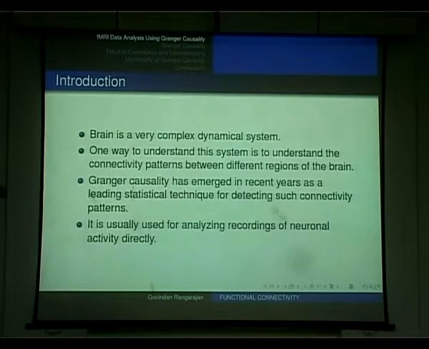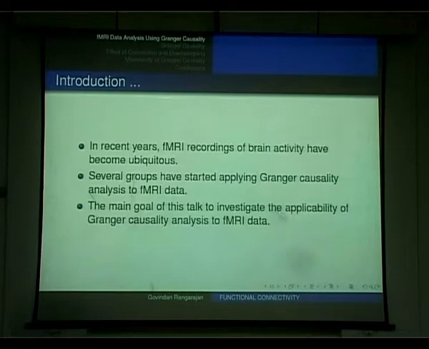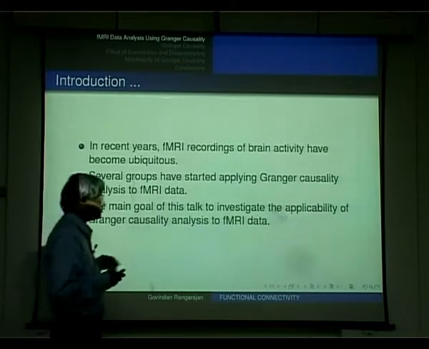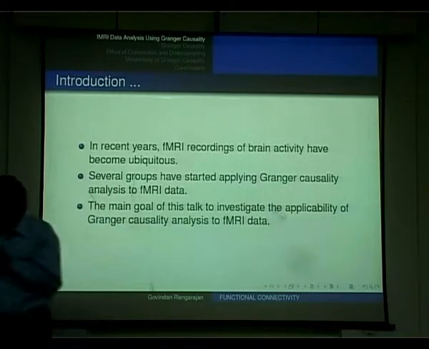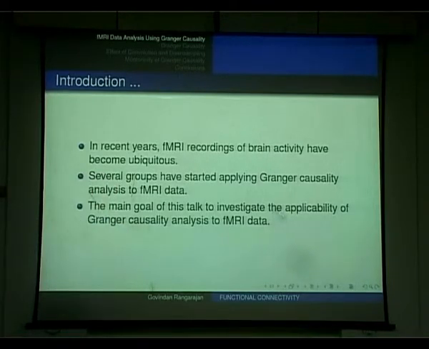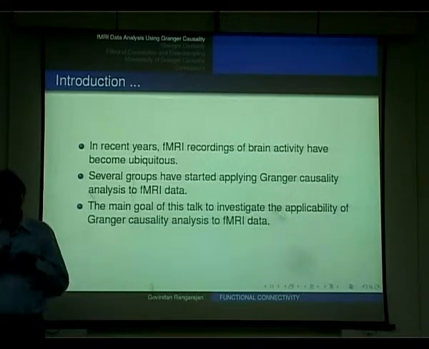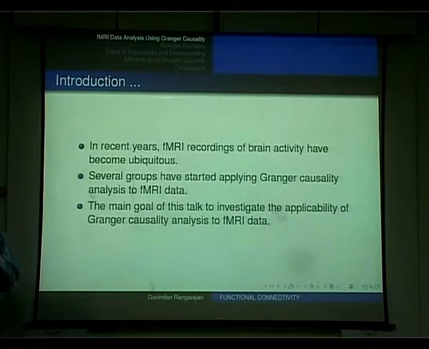But there are issues, as we shall see, in using Granger causality for fMRI data. As all of you know, fMRI recordings have become very ubiquitous, and several groups have now started applying Granger causality analysis to fMRI data. And this is not just of mathematical interest.